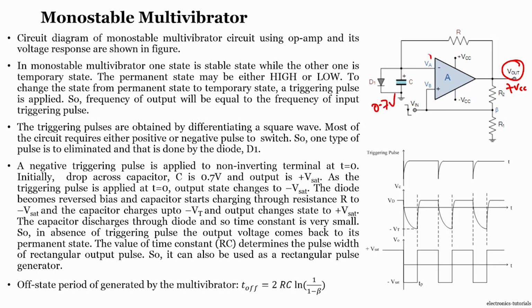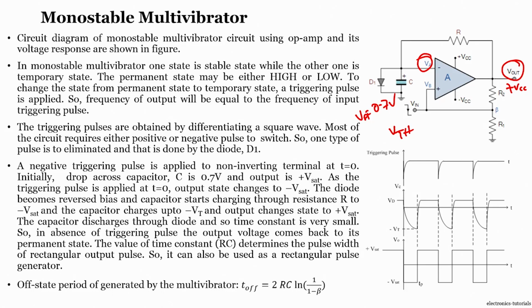So, that means VA will be equal to 0.7. Suppose this VA value is lesser than VB, that means the input voltage is lower than your threshold value, right. Threshold is nothing but VTH, the higher threshold value, which we have already seen previously. If this value is lower than VTH, then the op amp cannot go to minus VCC, it will always be at plus VCC.